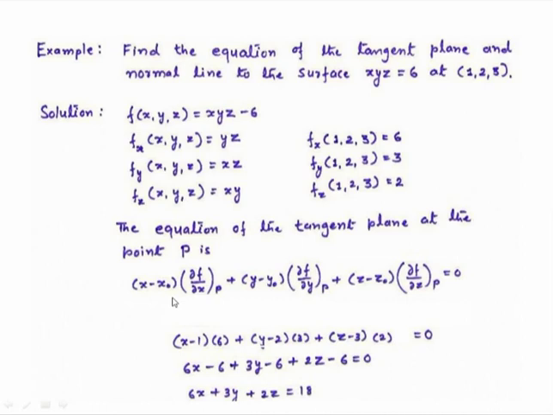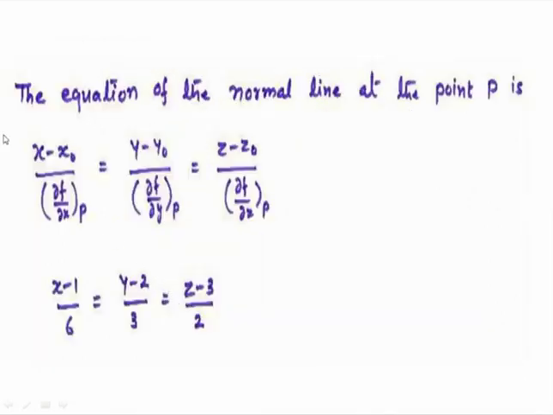Now our equation is, as I told you, (x minus x0) upon del f by del x at the point P (x0, y0, z0), which is equal to (y minus y0) upon del f by del y at the point (x0, y0, z0), which is equal to (z minus z0) upon del f by del z at the point (x0, y0, z0). So the value of x0 is 1, y0 is 2 and z0 is 3.